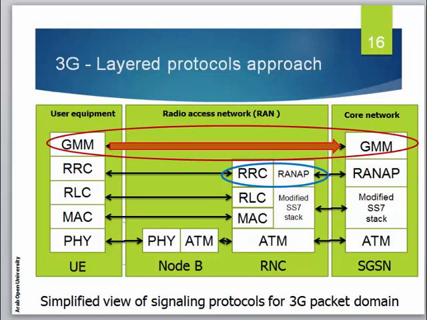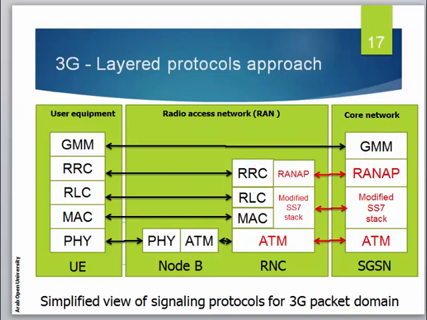So the intermediate nodes are invisible to the GMM protocol. Also, the three protocols, RNAB, the modified SS7 stack, and ATM, will all forward the incoming signals to the corresponding same-name protocols on the SGSN side.